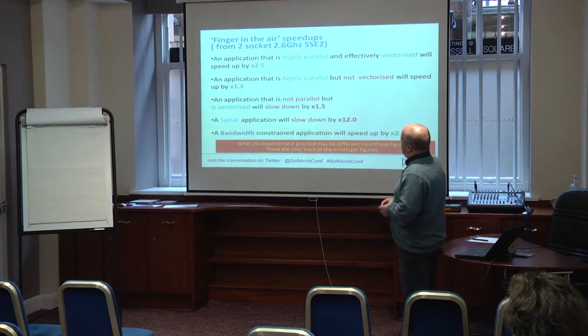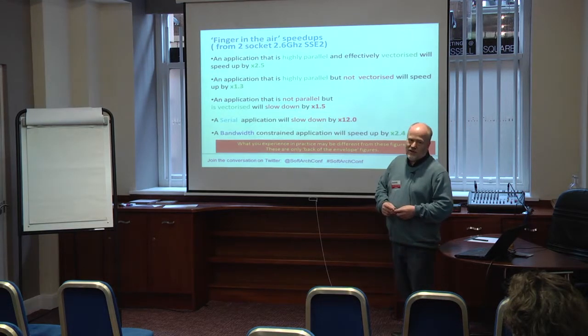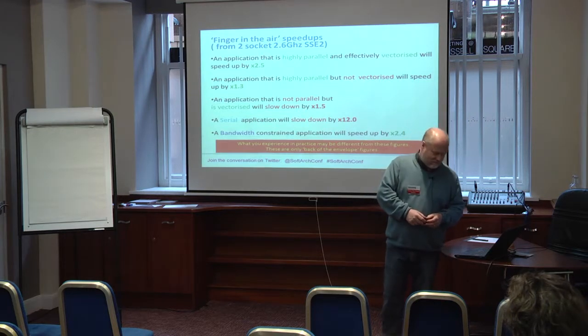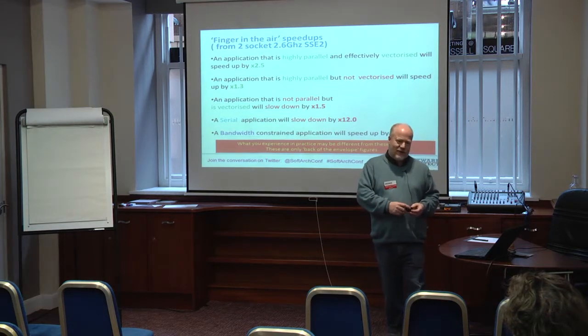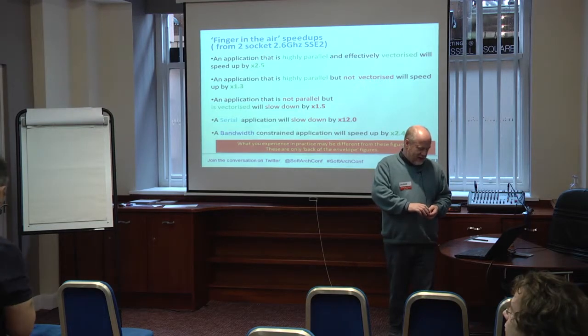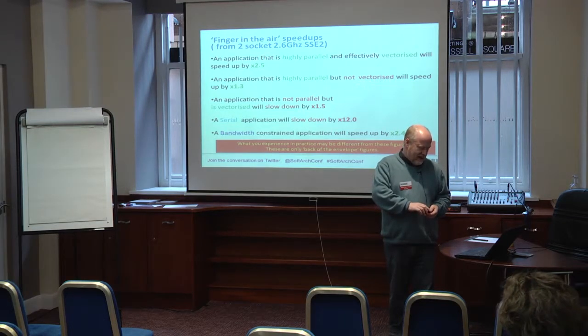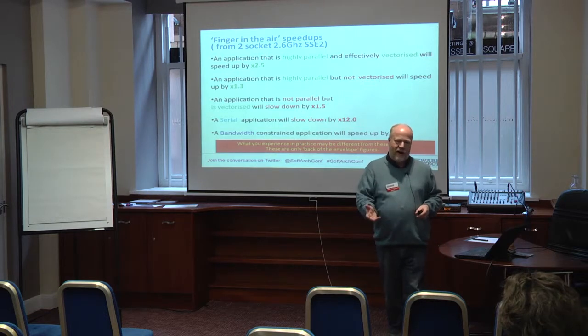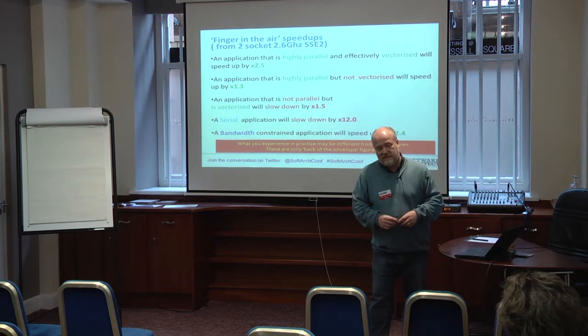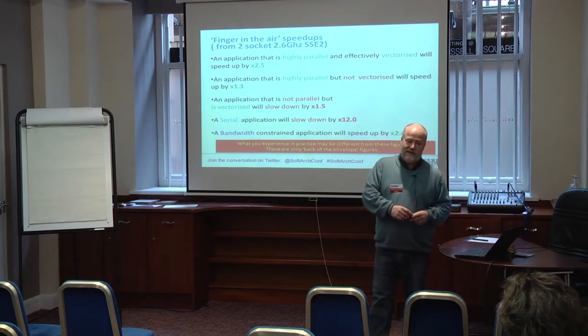If you get a piece of code that's highly parallel, but it's not vectorized, you can expect to speed up about 1.3. I know you can read these slides as well as I can, but the next one is interesting. If you get a code that's not parallel, so it's just a serial piece of code, but you vectorize it and you run it on a Xeon Phi, it will slow down by 1.5.